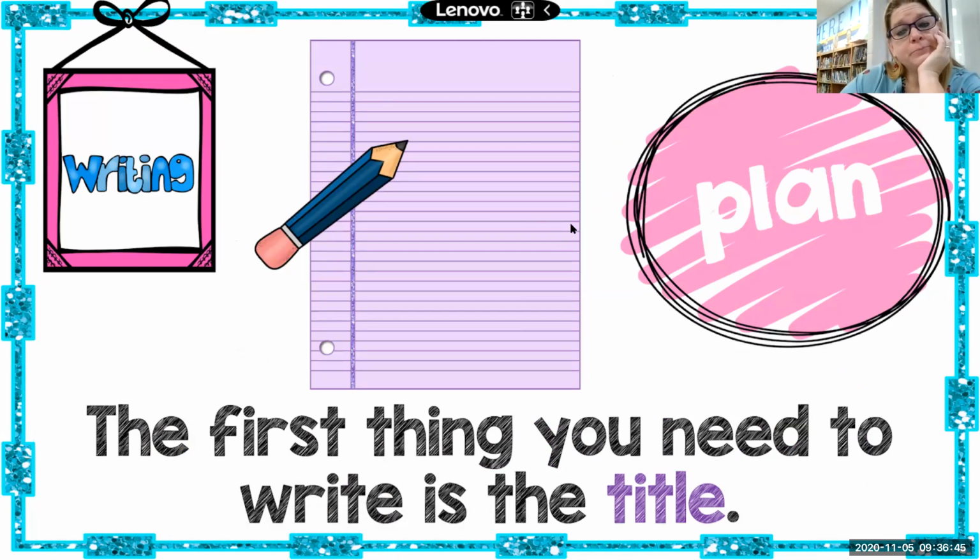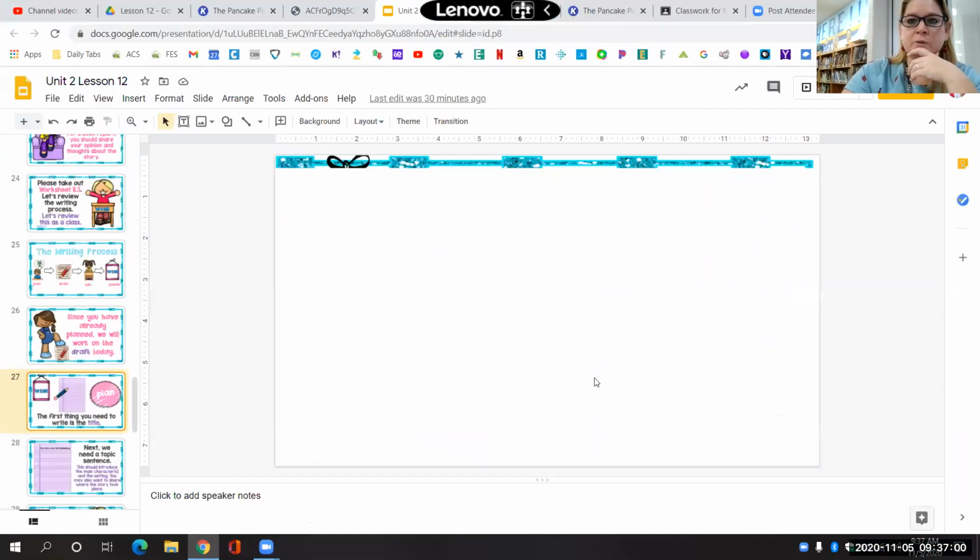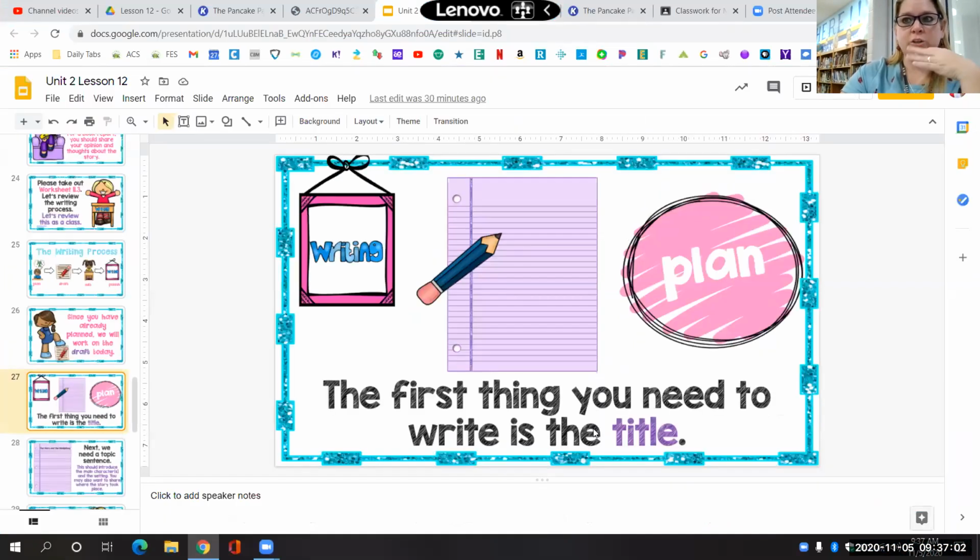What do you guys think? Probably would be a good idea to say something about the hare and the hedgehog and how he tricked him, right? Maybe we should title our story, How the Hedgehog Tricked the Hare. That way it's not the actual story title, but it's similar.